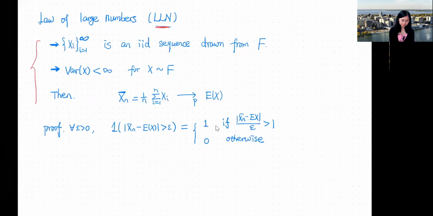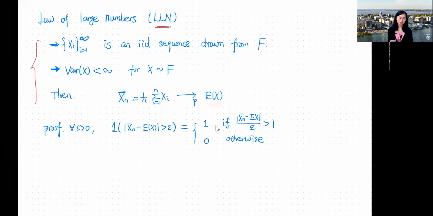It says, if Xi, where i runs from 1 to infinity, is an IID sequence drawn from distribution F, and if the variance of X is less than infinity, for random variable X following the distribution F, then the sample average of the first n elements of this IID sequence converges in probability to the population expectation.